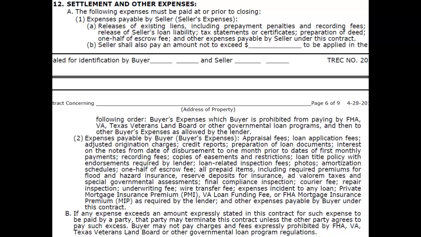If I've got some repairs that I get the seller to agree to pay for, instead of actually getting the repairs, or maybe it's just some upgrades that I want done to the house, all I really need is the money so that I can do those myself.